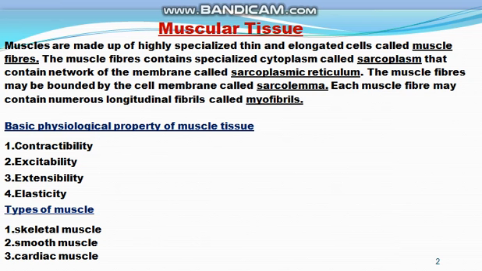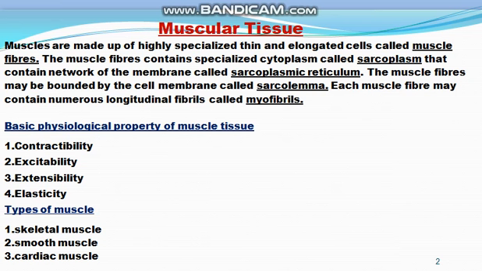Muscles are the muscular tissue, and muscles are made up of highly specialized, thin and elongated cells called muscle fibers.